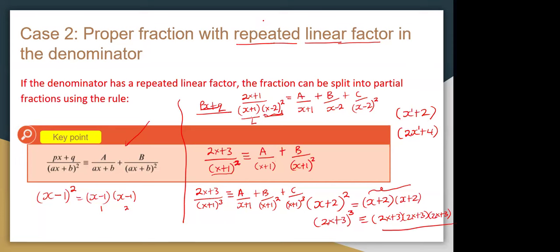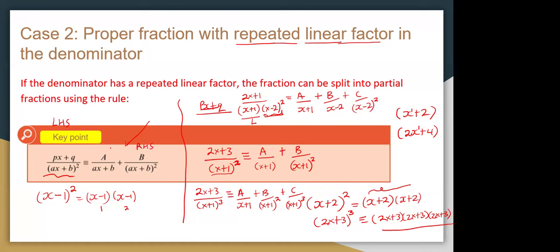Because at the end of the day, when you're working out partial fractions, you must ensure that what you have on the right and the left are the same. When you compress, what you have on the right and on the left must be the same. When we are dealing with partial fractions, this is my left-hand side, and this is my right-hand side.